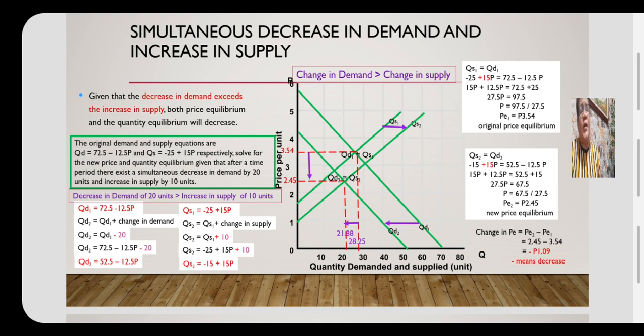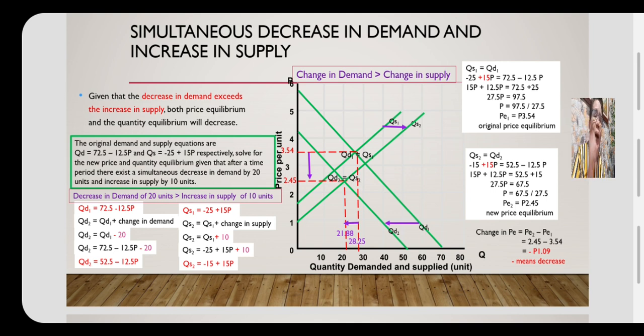That's the same way we will do for deriving the new supply equation. The change in supply is an increase of 10, so we introduce plus 10 to the original supply equation. And therefore, we now have the simplified equation of negative 15 plus 15P, which serves as the new supply equation.